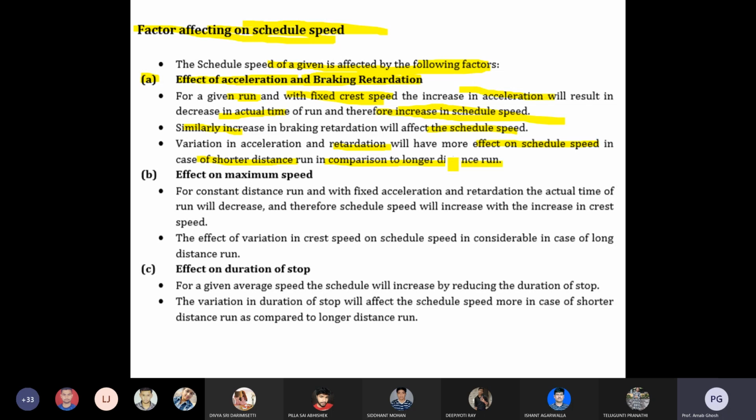If it is running for a longer duration, stop time will definitely be more. If it is running for a shorter duration, stop time will be less. Basically, for urban service, the distance between two stoppages is maximum 3 to 5 kilometers. But in suburban, it may be quite more, minimum 5 to 8 kilometers.